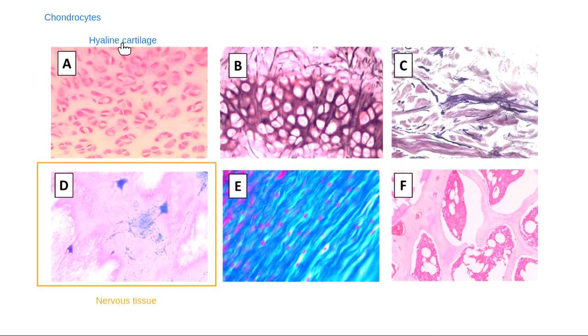When I come over to my second type of cartilage over here, I can still see large chondrocytes. So still seeing them kind of in groups of two, or these really large cartilage cells. But what's different between B and A is the color. Notice this purple that I see on here. Yeah, so I told you guys, every time you see purple, immediately in your mind, you are thinking elastic proteins. So let's make a note of that.